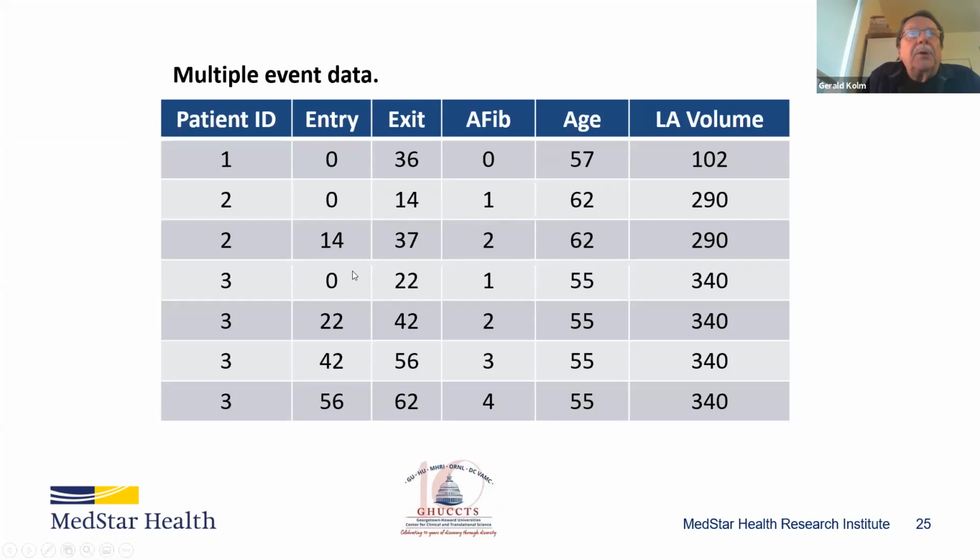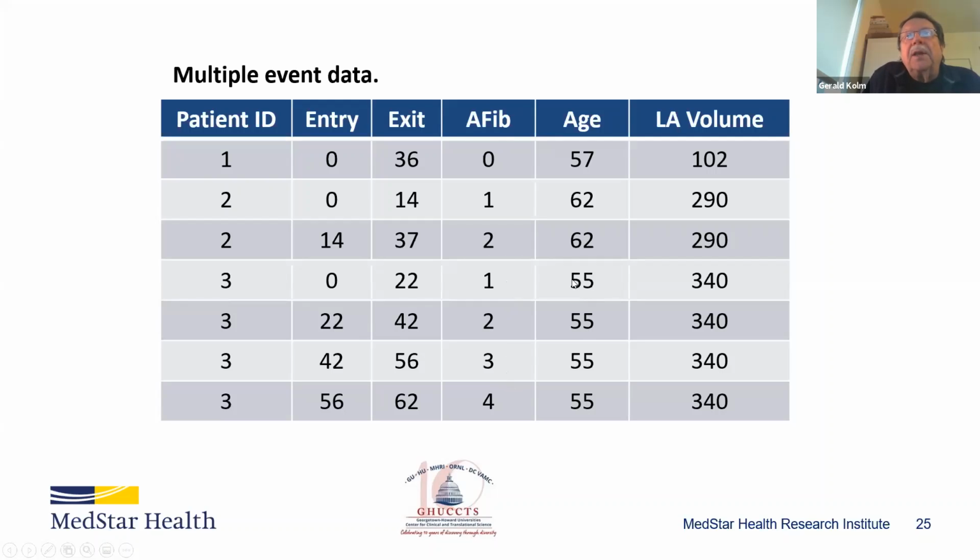And so patient 3 here has 4 events. They enter the study at time 0. They have an event at 22 months, another event at 42 months, another one at 56 months, and a fourth one at 62 months. And so again, this is the way that we've designated this in terms of stratifying or ordering the sequence of events.